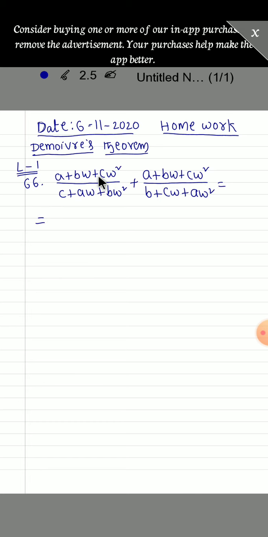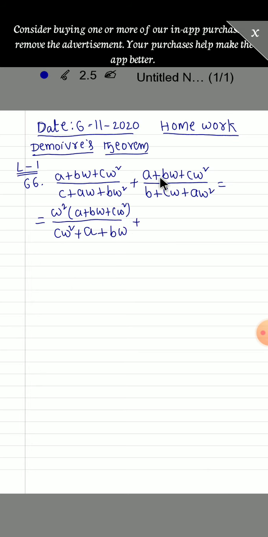So for this, multiply and divide with omega square. Omega square into (A plus B omega plus C omega square) divided by, multiplying omega square in the denominator, C omega square plus A omega square into omega cube, that is 1, plus B omega square into omega power 4, which is omega.